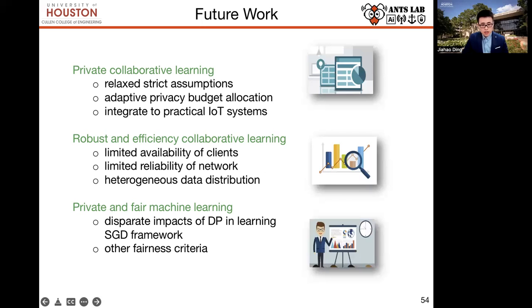To address the issues of privacy and fairness and discrimination in machine learning, we have designed several algorithms by jointly combining the functional mechanism and decision boundary fairness. One popular approach in machine learning is SGD, stochastic gradient descent, so I will consider how to mitigate the disparate effects of differential privacy in the SGD framework. We will also try other fairness criteria, for example equality of opportunity and predictive parity.